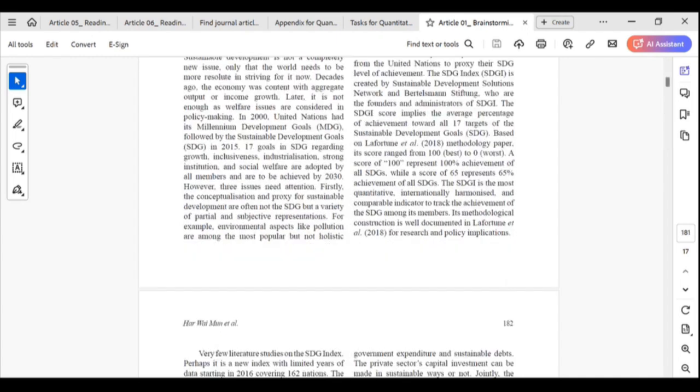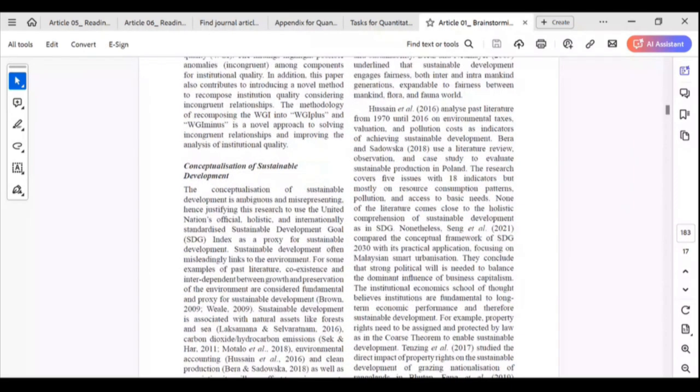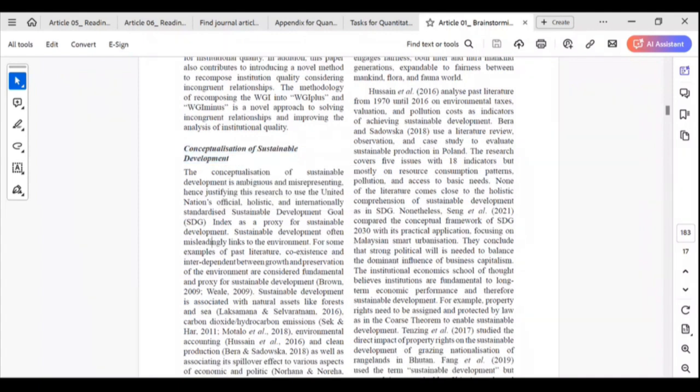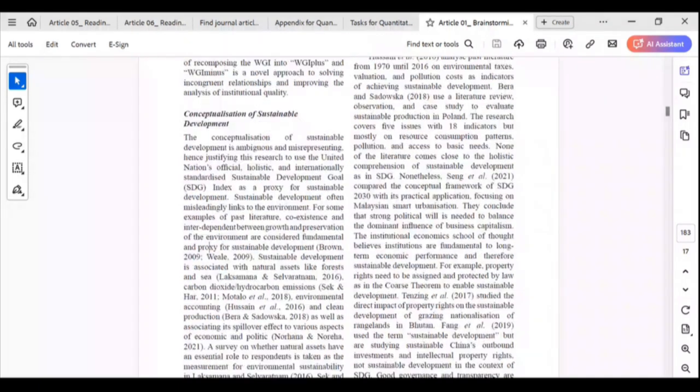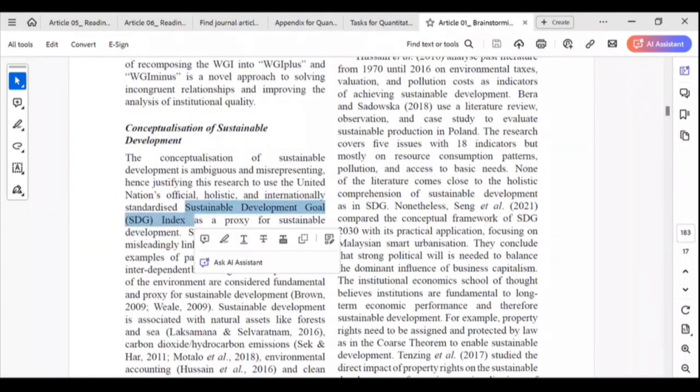Here, you notice that first, I try to highlight the concept of sustainable development, written like a story, right? By the time I wrote this, there were not many people, in fact none, using the Sustainable Development Goal Index as a proxy for sustainable development.